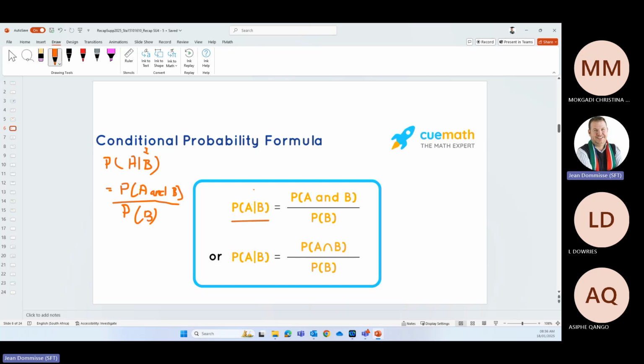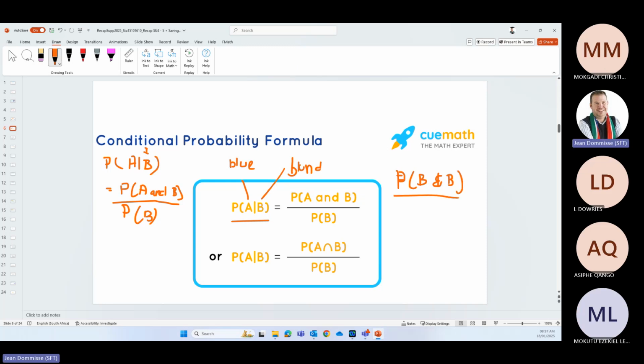So if you had that where it said probability of blue eyes given that the person is blonde, that's just a made up one, then it would have been the probability that the person has blue eyes and the person is blonde, divided by the probability that the person is blonde.